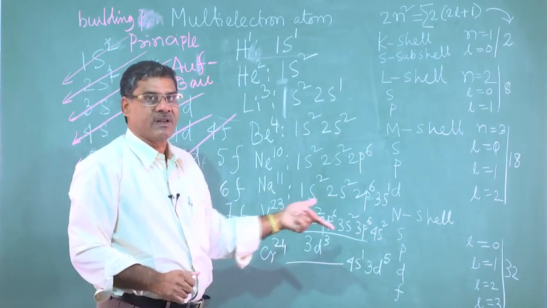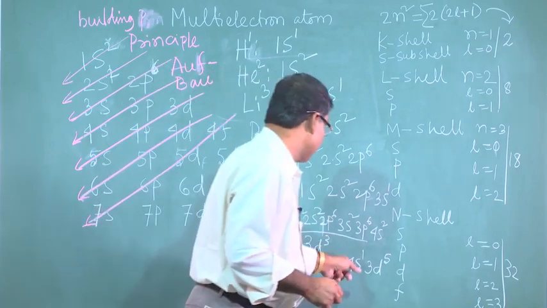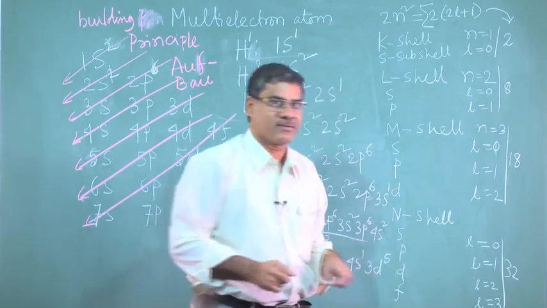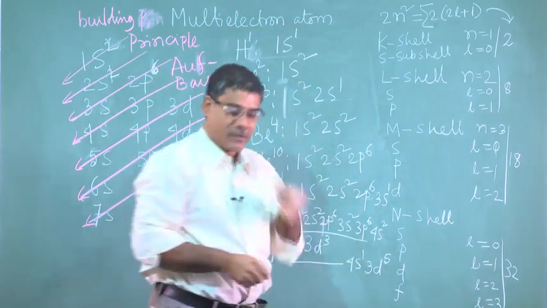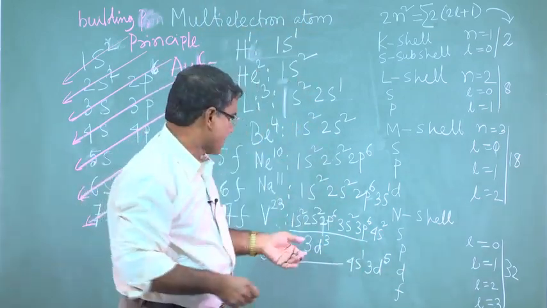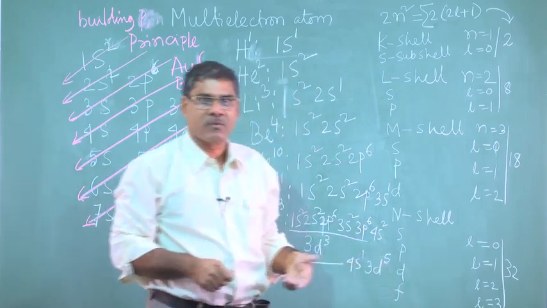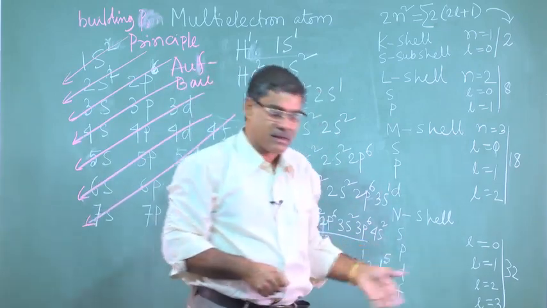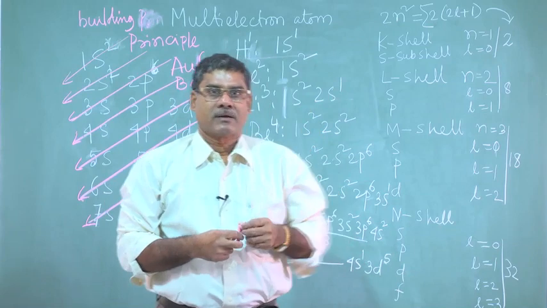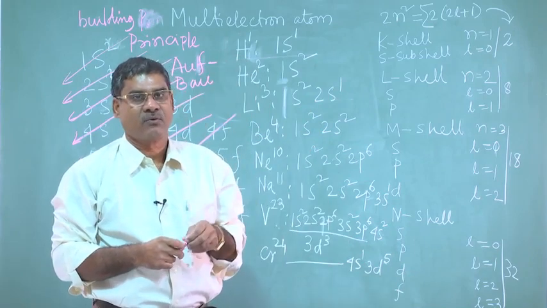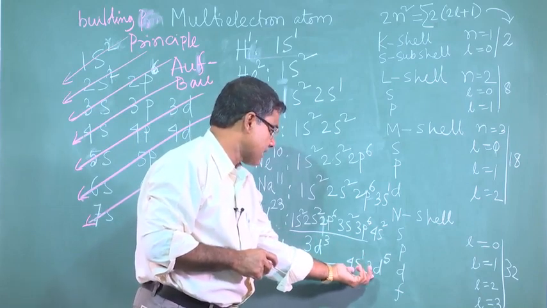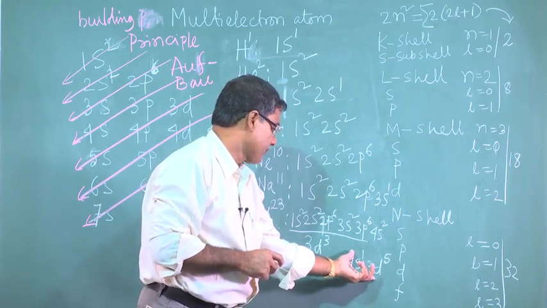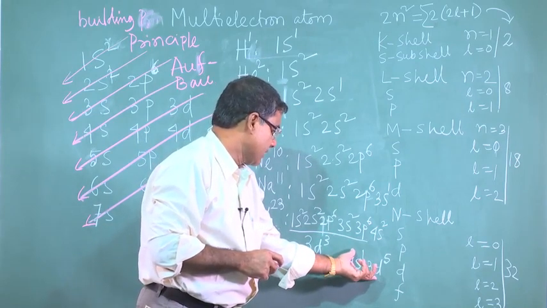Instead of 4s2 3d4, we write 4s1 3d5. So here the subshell or orbitals are half filled or fully filled. Okay. So it is telling there is a reason, as I will tell you.